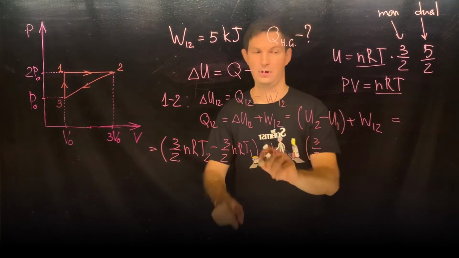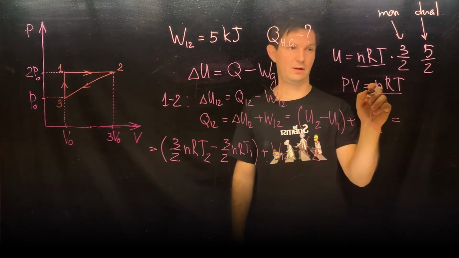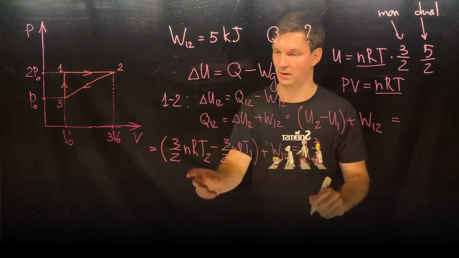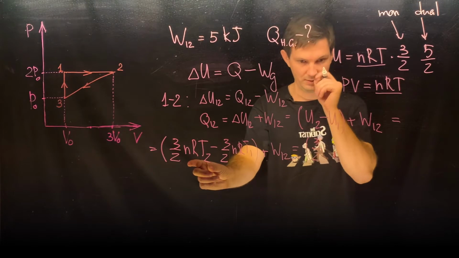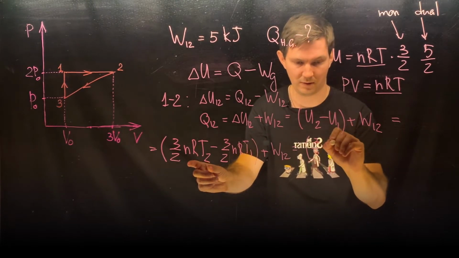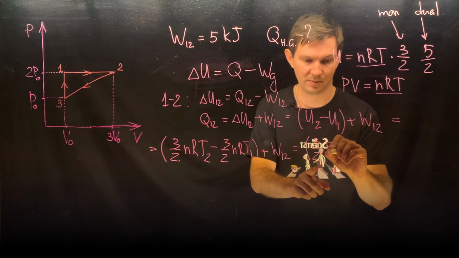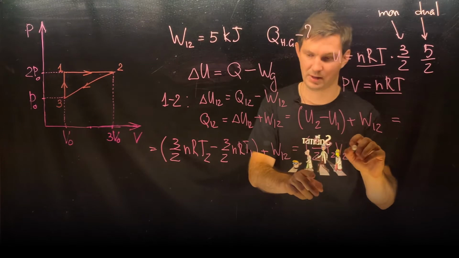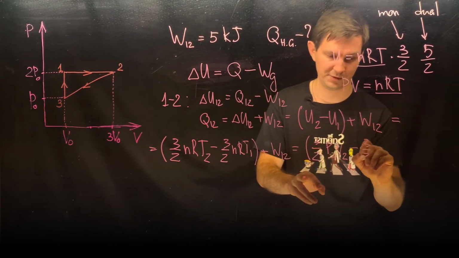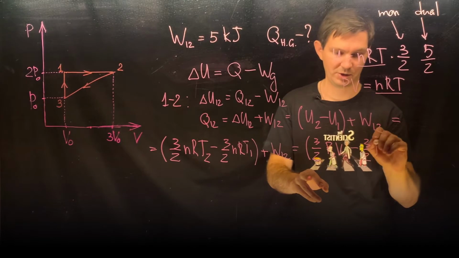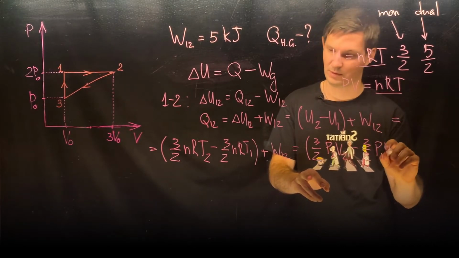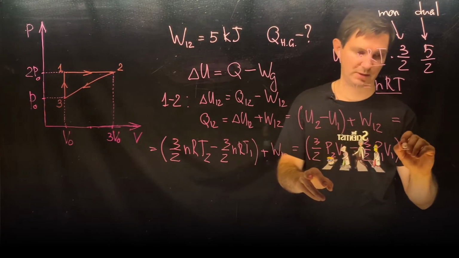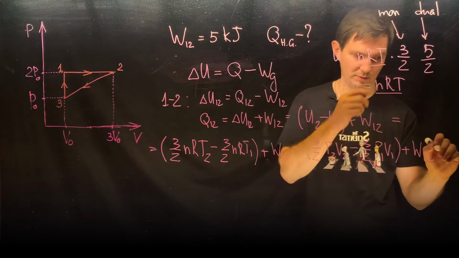And let's substitute the ideal gas law. In the second state, it is 3/2 times pressure in the second state times volume in the second state, minus 3/2 times pressure in the first state times volume in the first state, plus work W12.